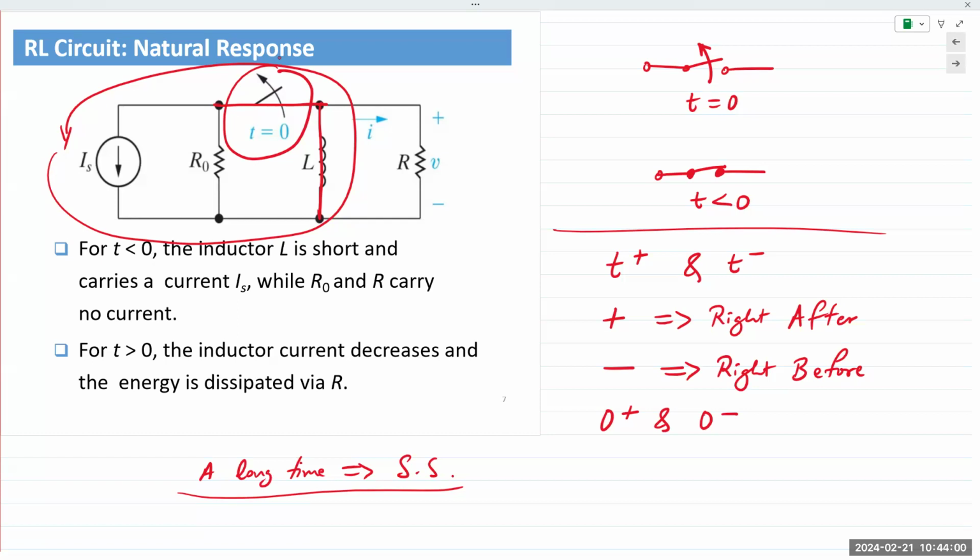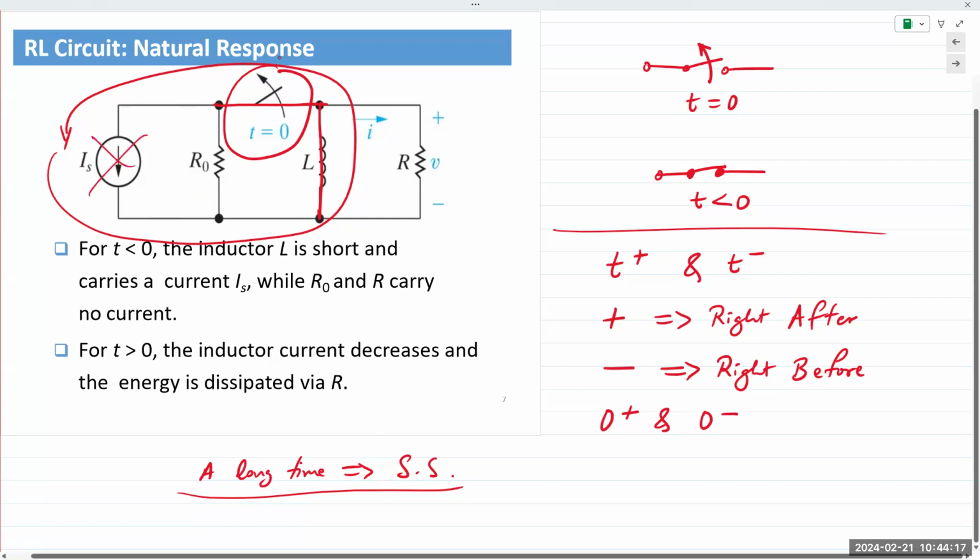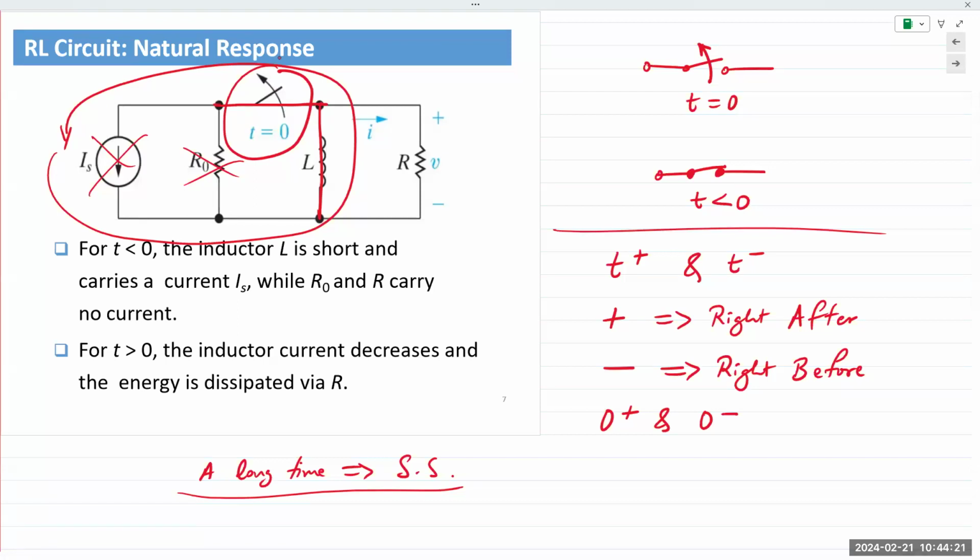All right. So for t less than 0, the inductor is fully charged. Because it's fully charged, no current flows to the other two resistors. And then the switch is flipped open. When the switch is flipped open, the source and R0 are disconnected from the rest of the circuit.